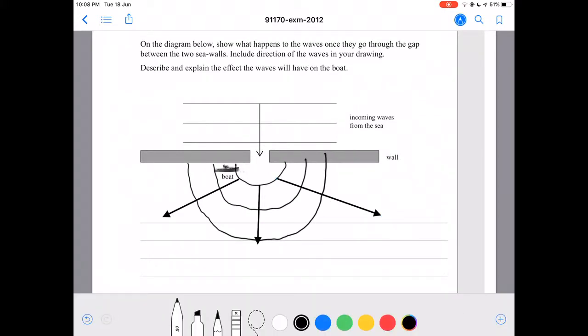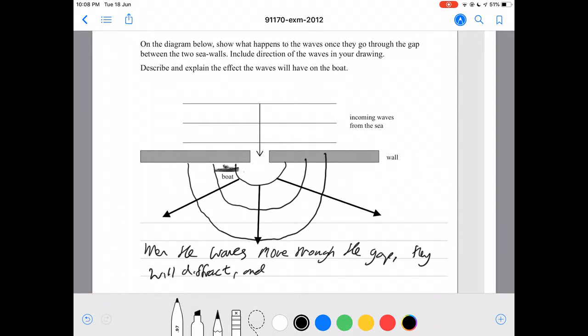So therefore, we're going to explain. We're going to say when the waves move through the gap, they will diffract and bend in semicircles, because the lambda is greater than the gap size.